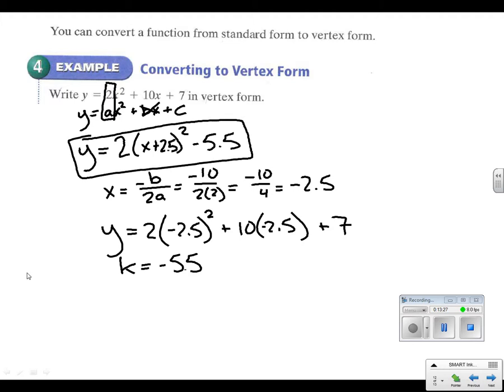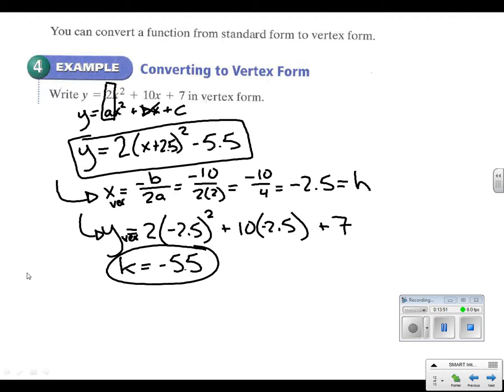So the key thing to go from standard to vertex is remembering that the x of our vertex, not just any x, but the x of the vertex, is negative b over 2a, and the y of the vertex is plug it back in. And those letters are going to be your h and your k.